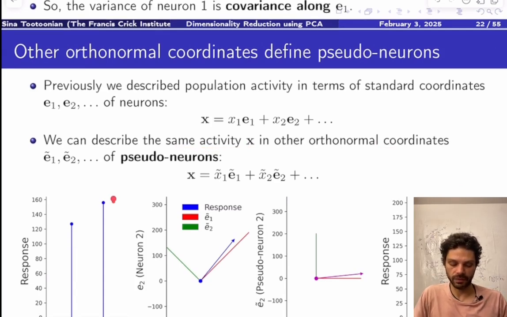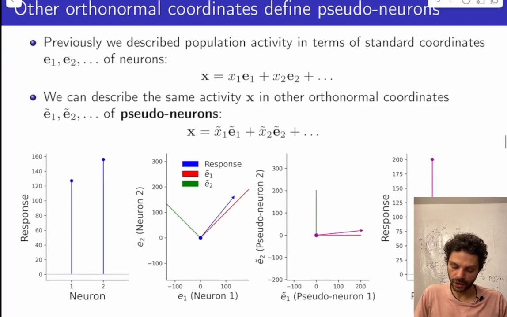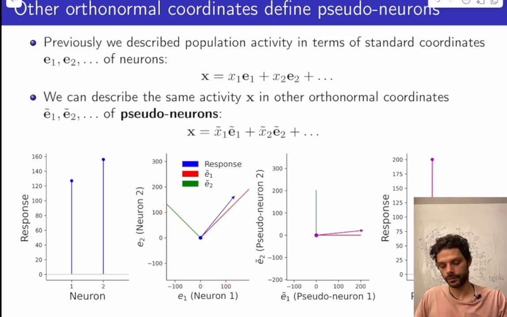Here is the activity, again focusing on the first two neurons. This is the origin, and that position corresponds to, whatever, 125 and 150. So that's the response that we observed. Notice that the axes here are the activity of neuron 1 and activity of neuron 2. But we don't have to use those directions, right?